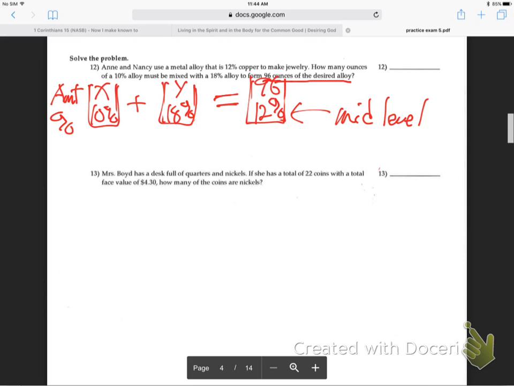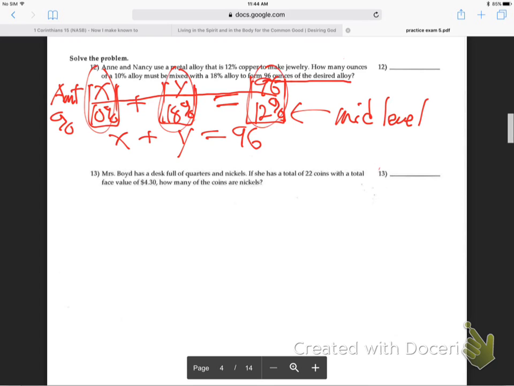Now, I don't have any equations. I just have a picture right now. What are my equations? Well, the first one's right across the top: x plus y is 96. What's my second equation? Can I just do the bottom? No, those are just numbers. I can't do just the bottom. So you use the whole thing.